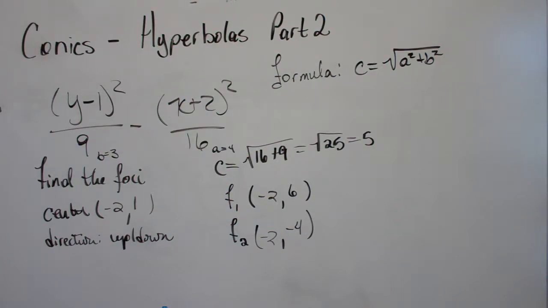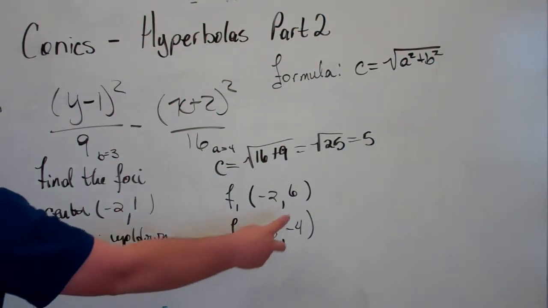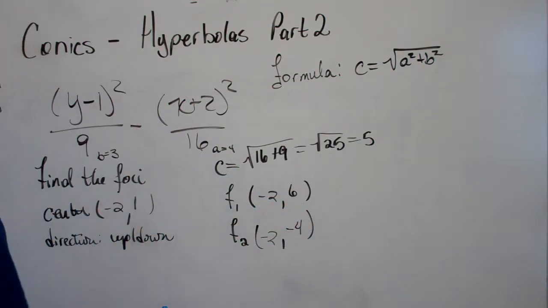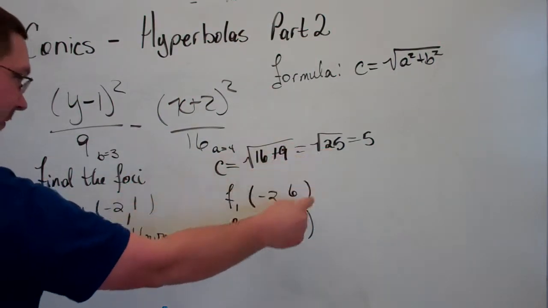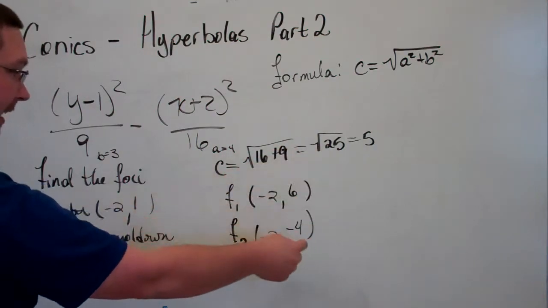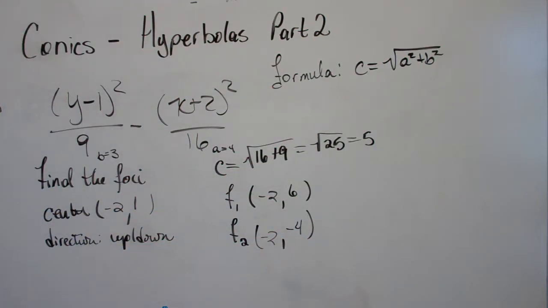And since it's up, down, all of our x values are going to be the same, so we have -2, -2, -2. And then to get our two y values of our foci, we're going to do 1 plus 5 to get this one, and 1 minus 5 to get that one. And that's pretty much it for finding the foci.